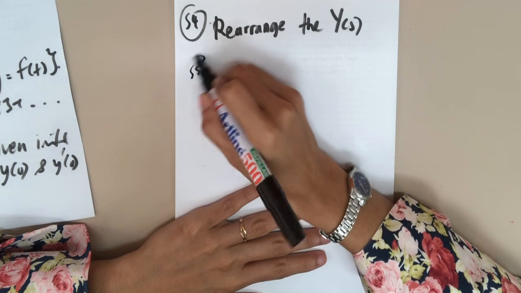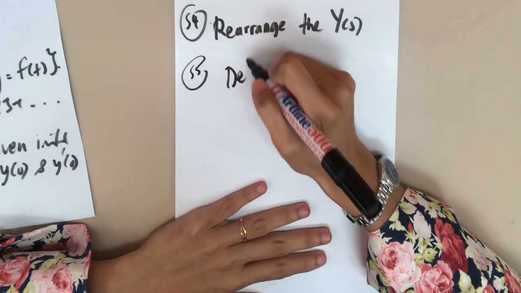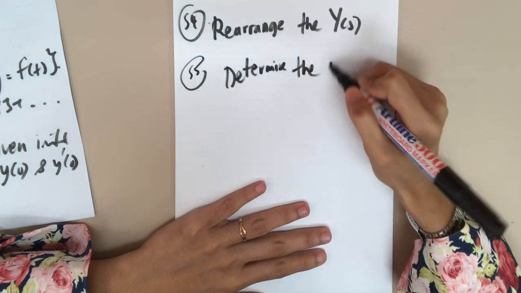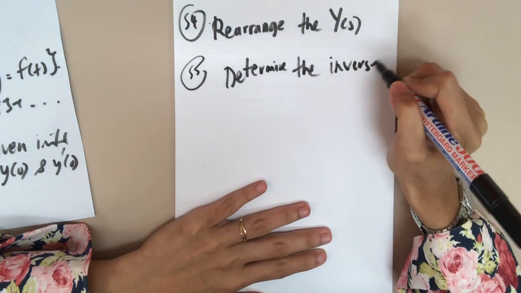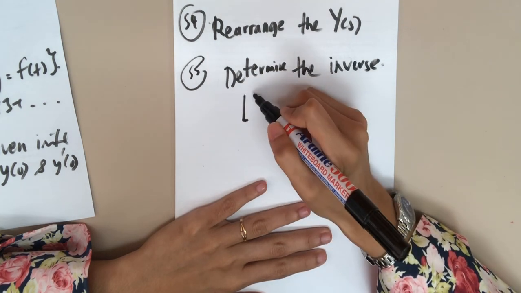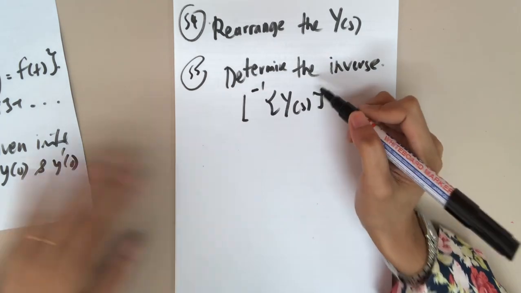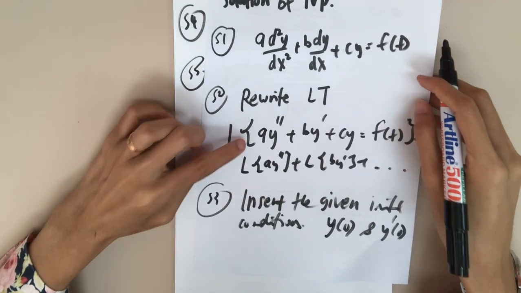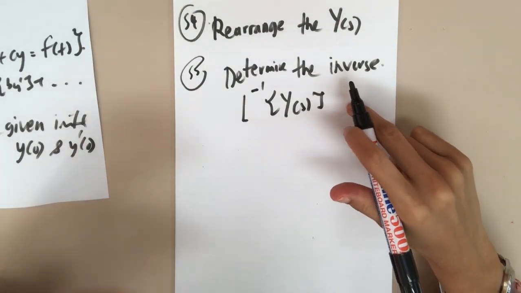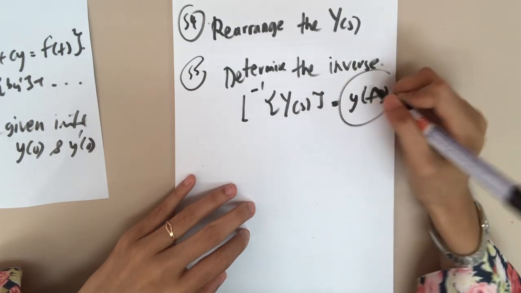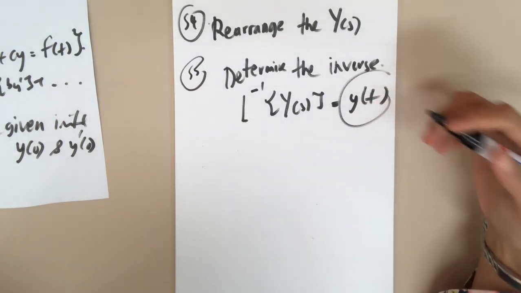After that, the next step is to determine the inverse. You need to find the L inverse. You had the Laplace transform just now, but now we want to find the inverse, because what we want is y(t) equal to something.